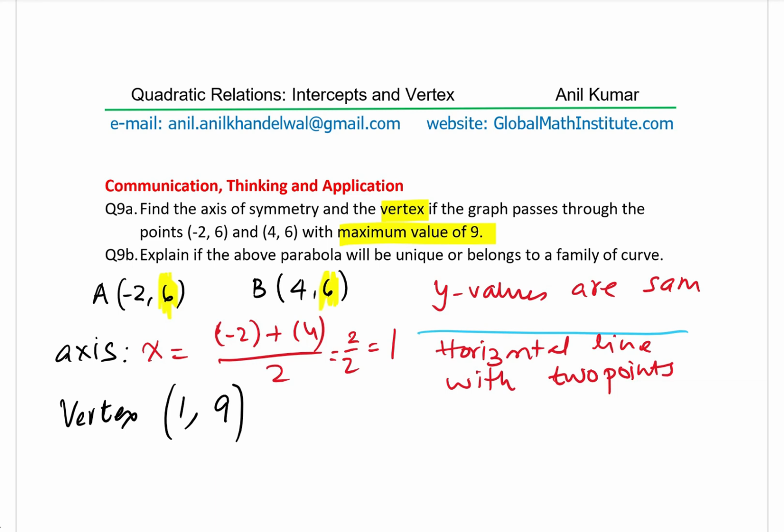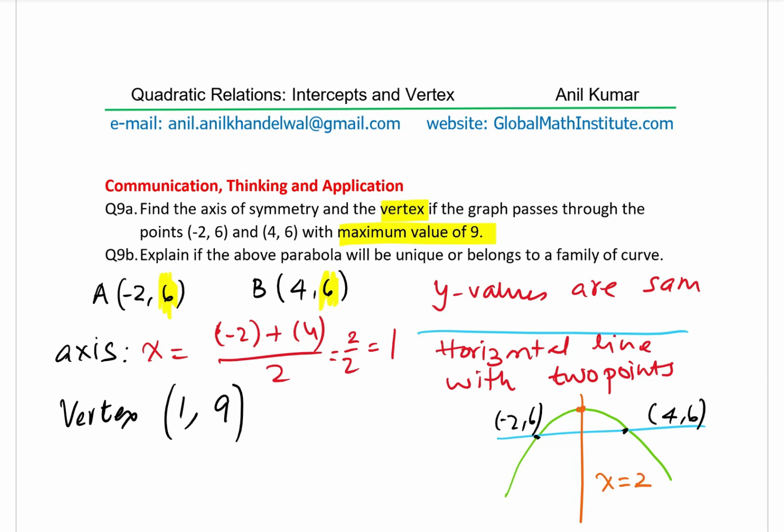So the parabola in this particular case will be kind of, let me sketch it for you like this, right? Where we have shown that this is the axis, where the 2 points given to us are at, this is 4 and 6, and this point is minus 2 and 6. The axis which we just found was right in the middle, and this is x equals the average value of these two, which is 1.